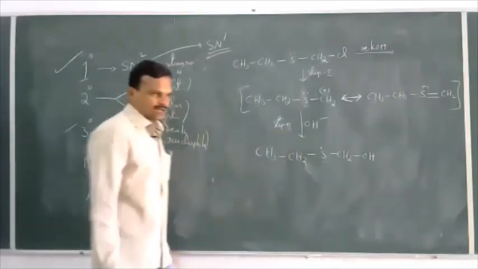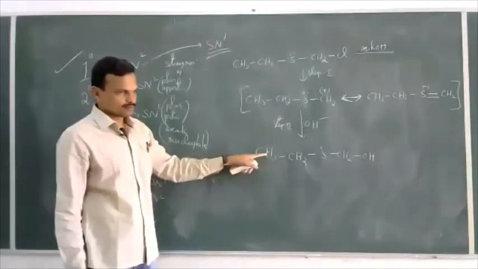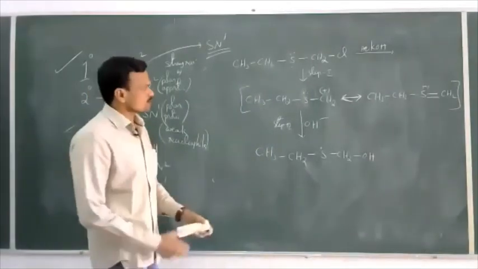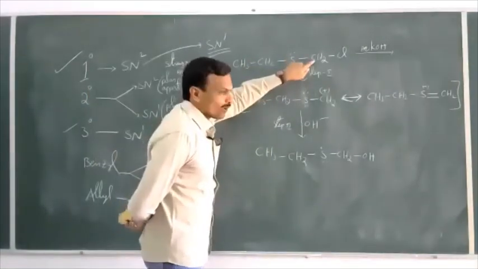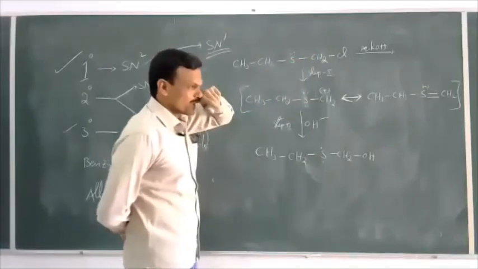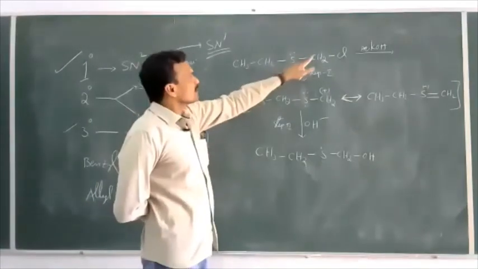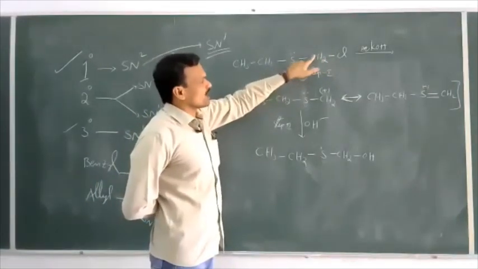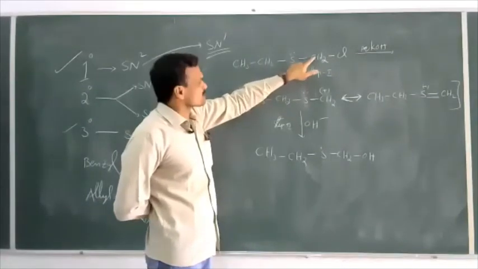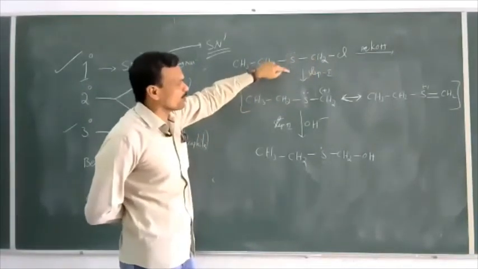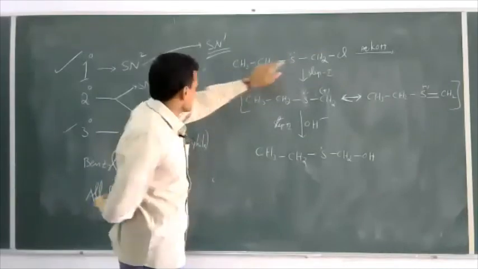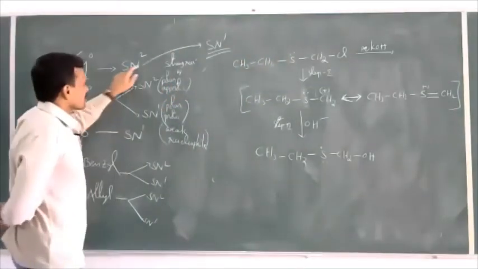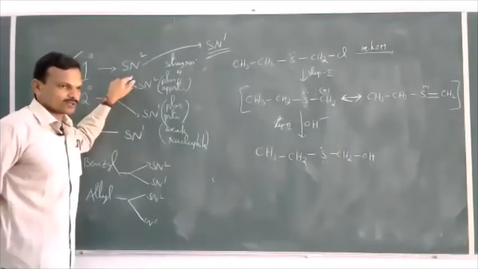It is a two-step mechanism for SN1 kinetics, SN1 mechanism. So primary haloalkanes undergo SN1 mechanism when the halogen attached carbon, that is alpha carbon, is bonded to a heteroatom containing lone pair. In other cases, primary haloalkanes undergo SN2 mechanism.